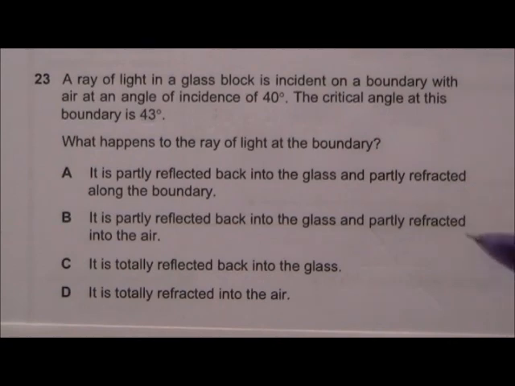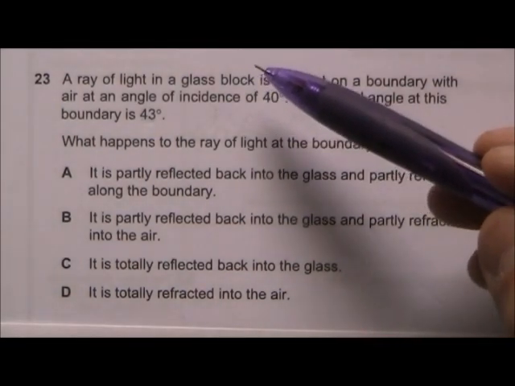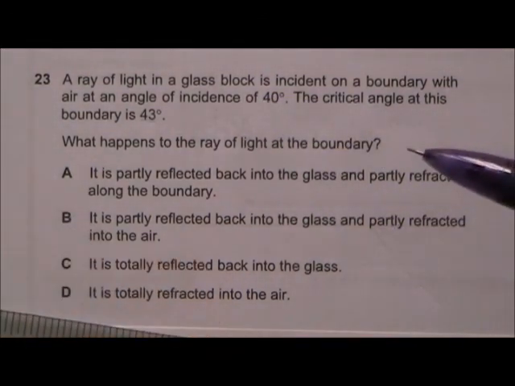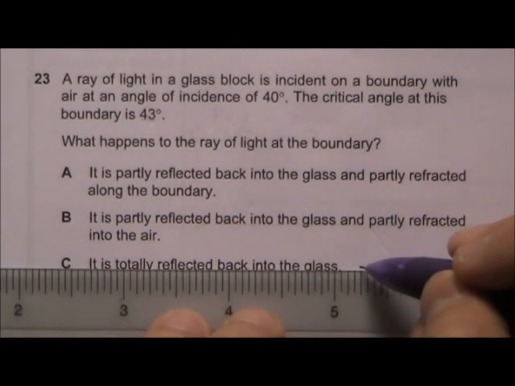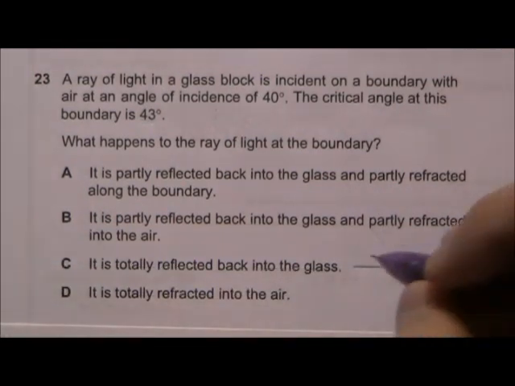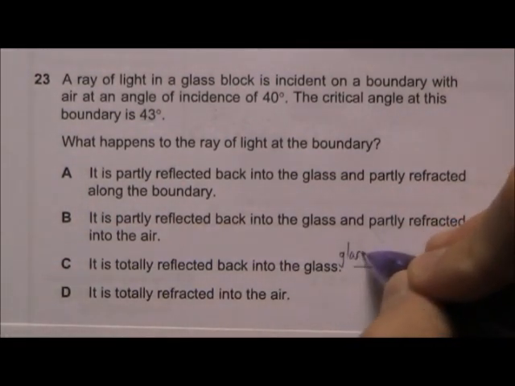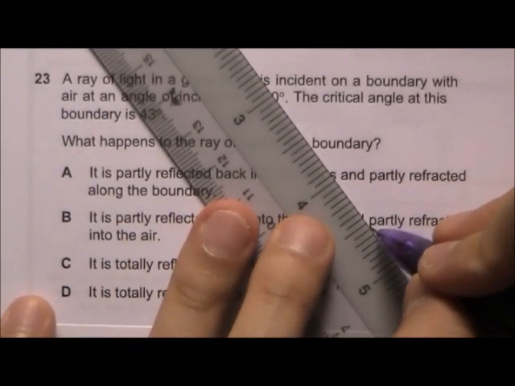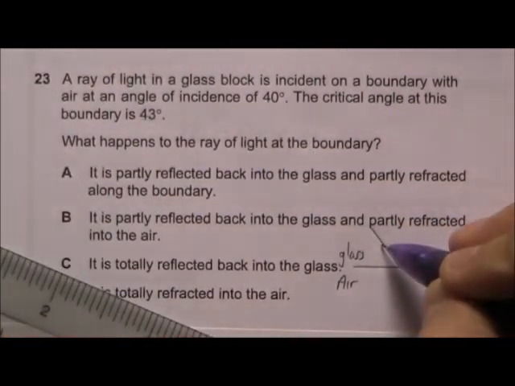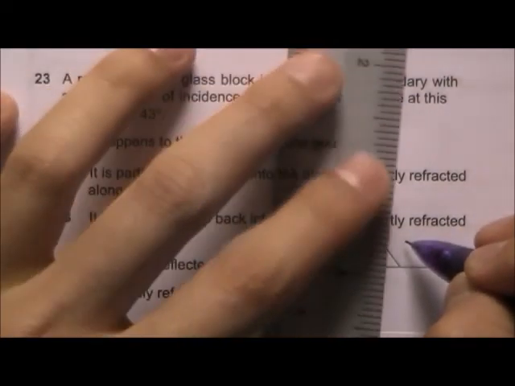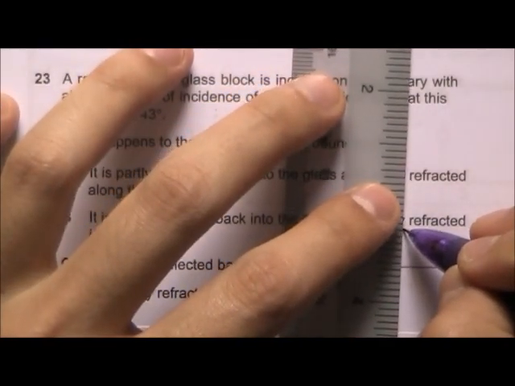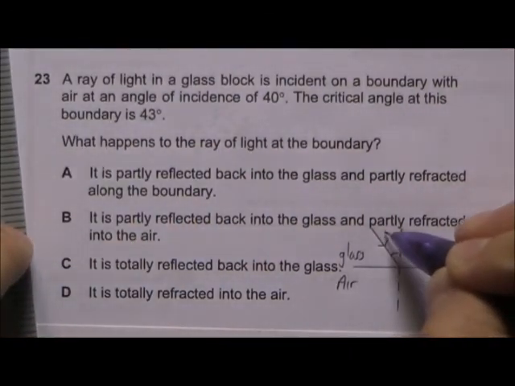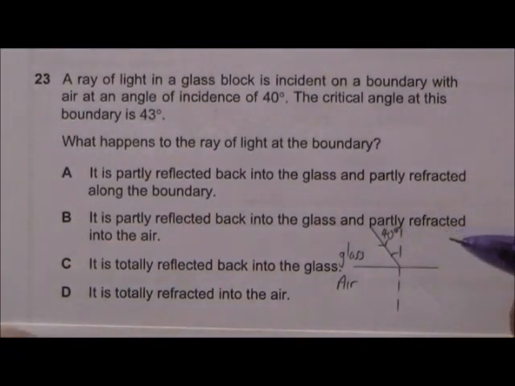Okay, in this question we have a light ray that is traveling from glass to air at an angle of incidence of 40 degrees. So we can draw a simple diagram here. Glass and air with the incident ray hitting the contact surface at an angle of 40 degrees.